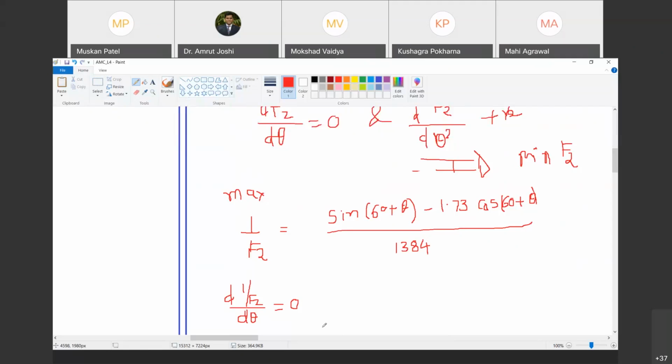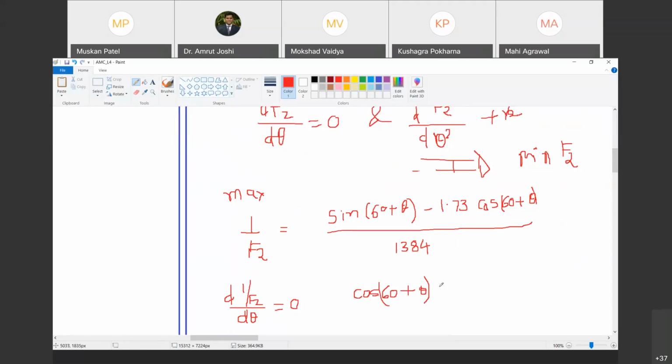Now, can you differentiate this? What is the differentiation of sin 60 plus theta? Cos 60 plus theta. Great. And what is the differentiation of cos 60 plus theta? Minus sin 60 plus theta. Do you agree with me? Yes, sir.